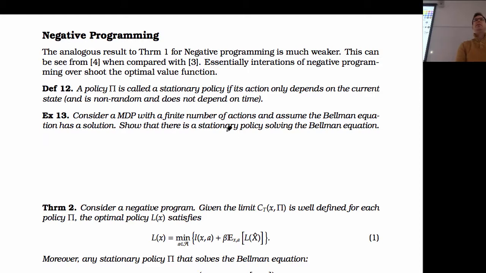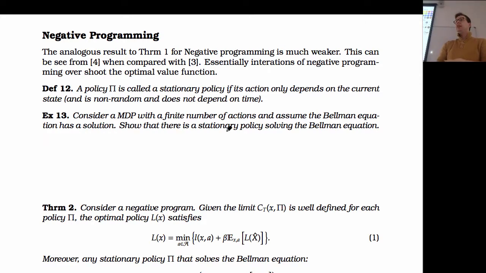So the proof isn't too much more, but I want to understand a little bit why negative programming involves a slightly different statement here. In fact, the last exercise on your exercise sheet gives an example of a reward function, or a cost function in this case, which satisfies the Bellman equation but isn't optimal.